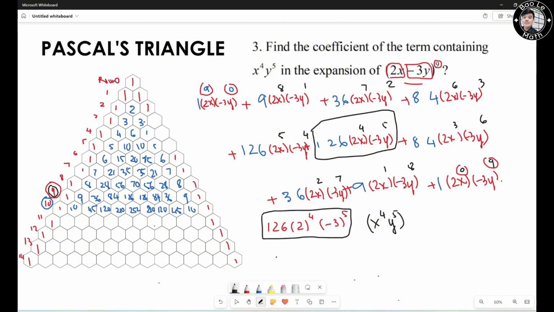Alright, so it could be 126 times 16 times negative, because power of 5 should be negative, negative 243. So it's going to be negative 489,888, and it's a good time to stop.